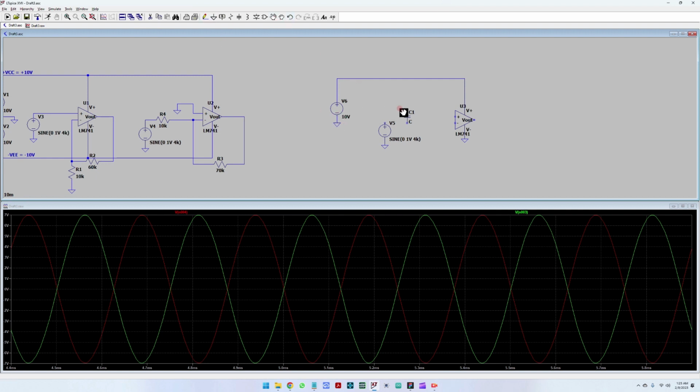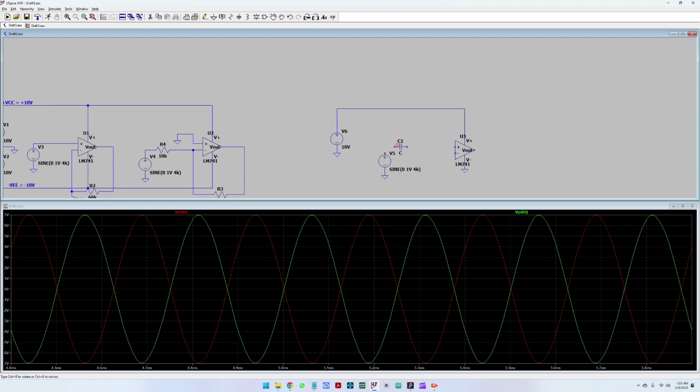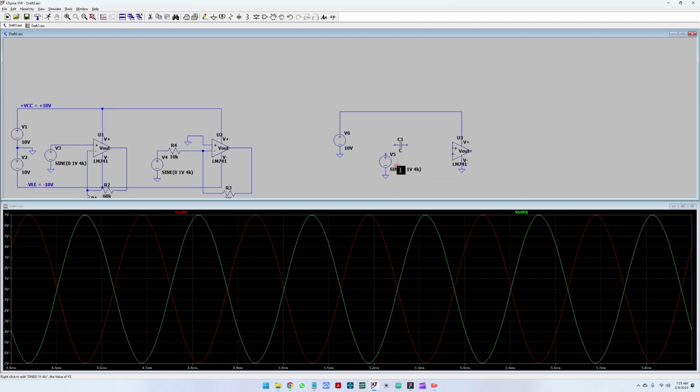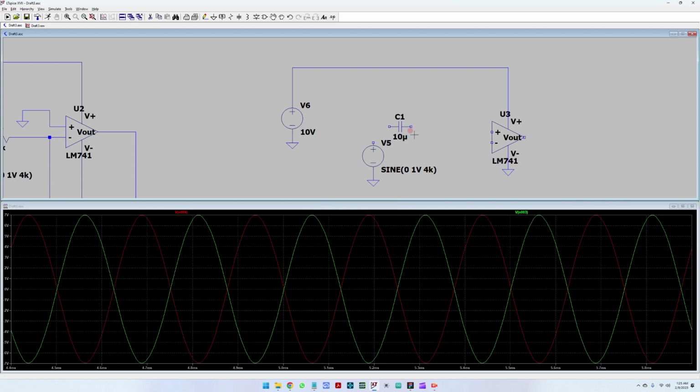So let me take this component and rotate it like this. Okay. Let us give it like a 10 microfarad capacitance. And what we're going to do is create the middle point at which the operational amplifier will receive the signal.